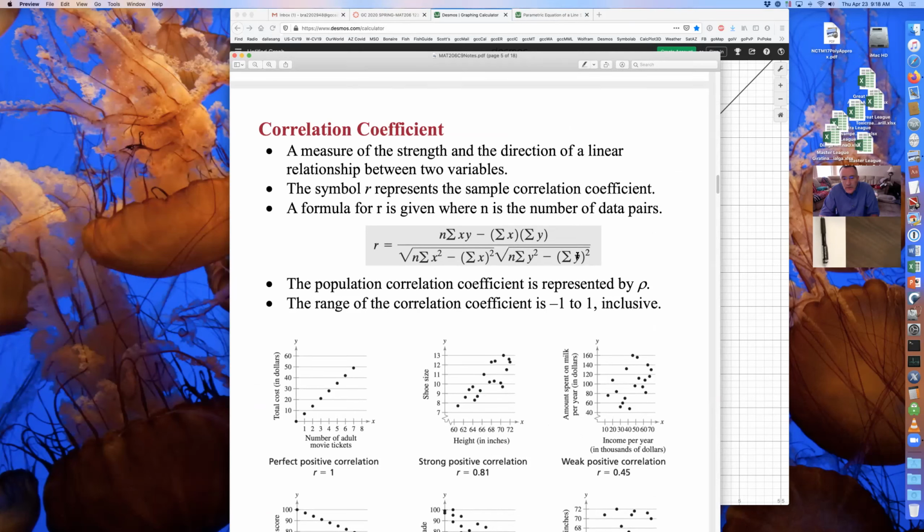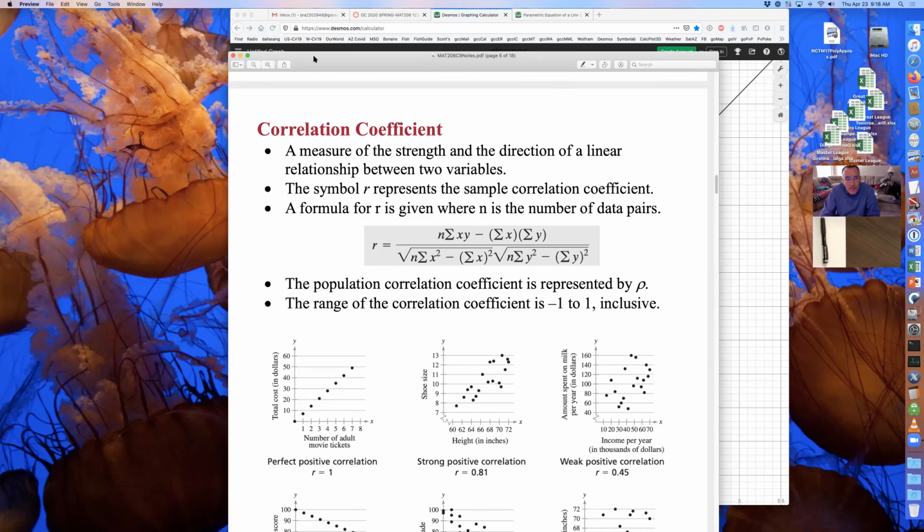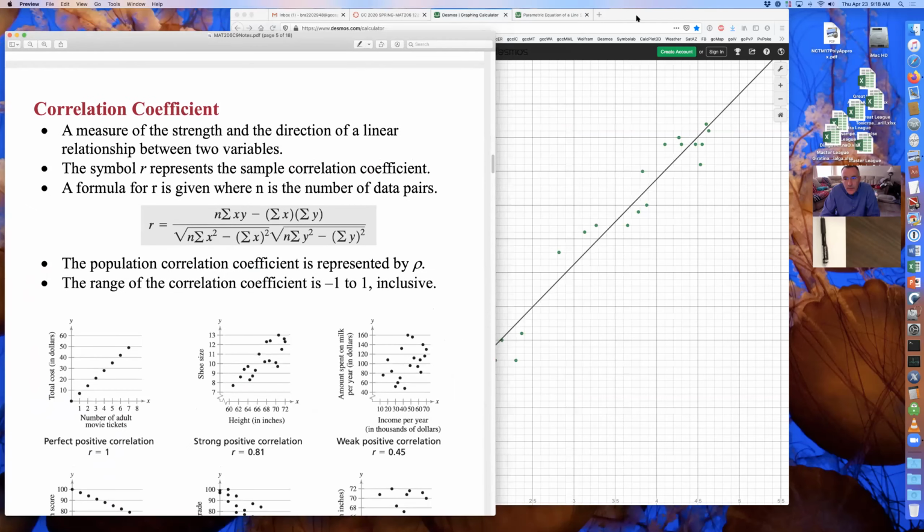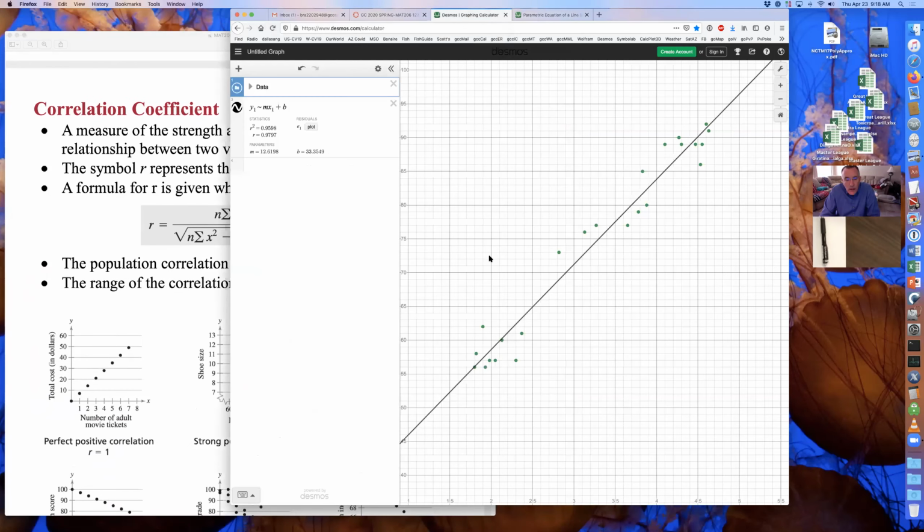It's called the linear correlation coefficient. It's a number that indicates how linear this data is, how strong the relationship is between the X and the Y. And it's going to be a number between -1 and 1.